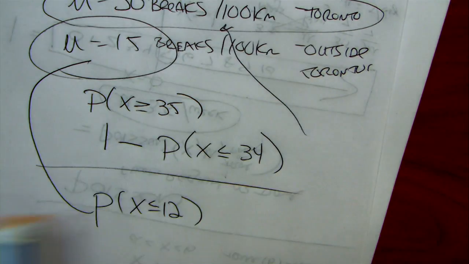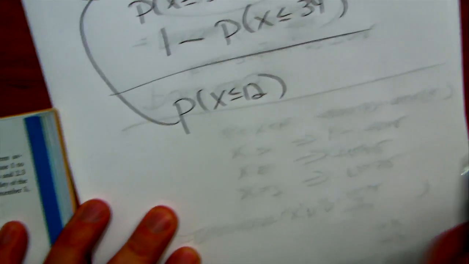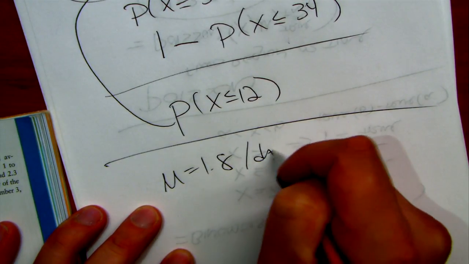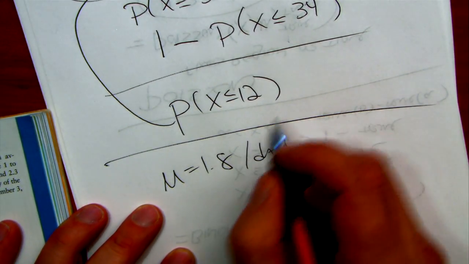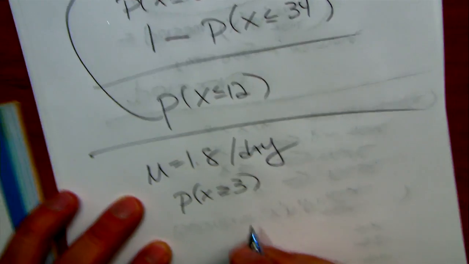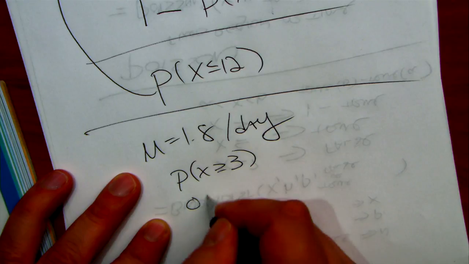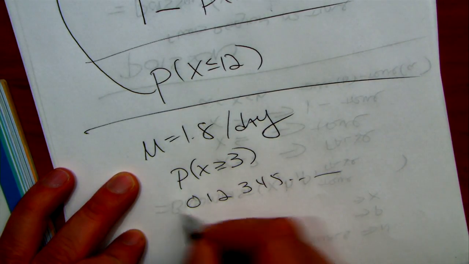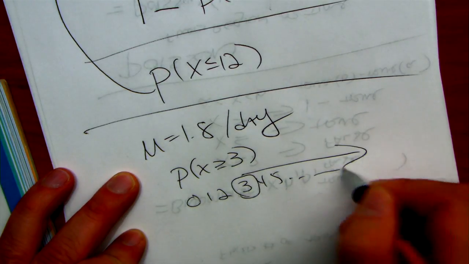So the first one, we have a mean of 1.8 per day, and it wants to know 3 or more bank robberies. So probability x is greater than or equal to 3. So there could be 0, 1, 2, 3, 4. I don't know how many there can be. I want 3 or more.